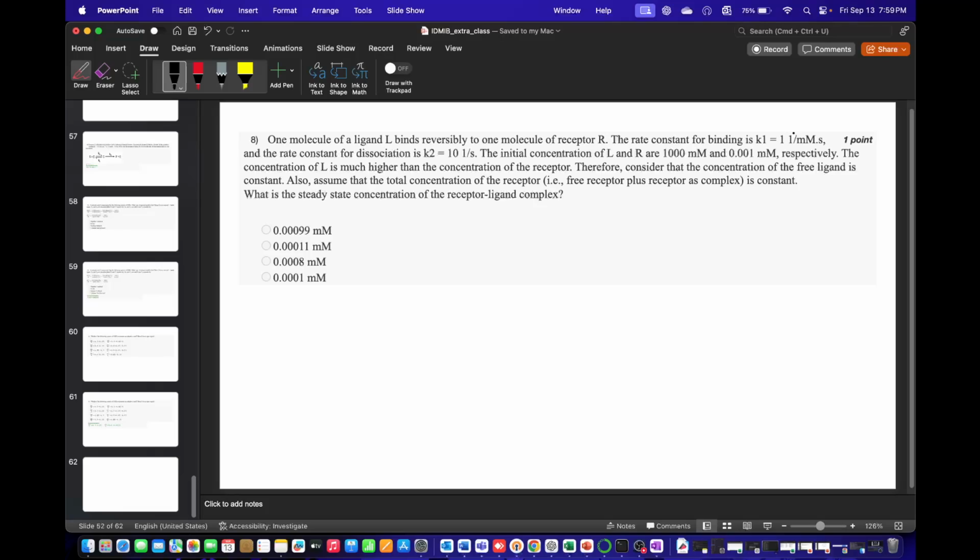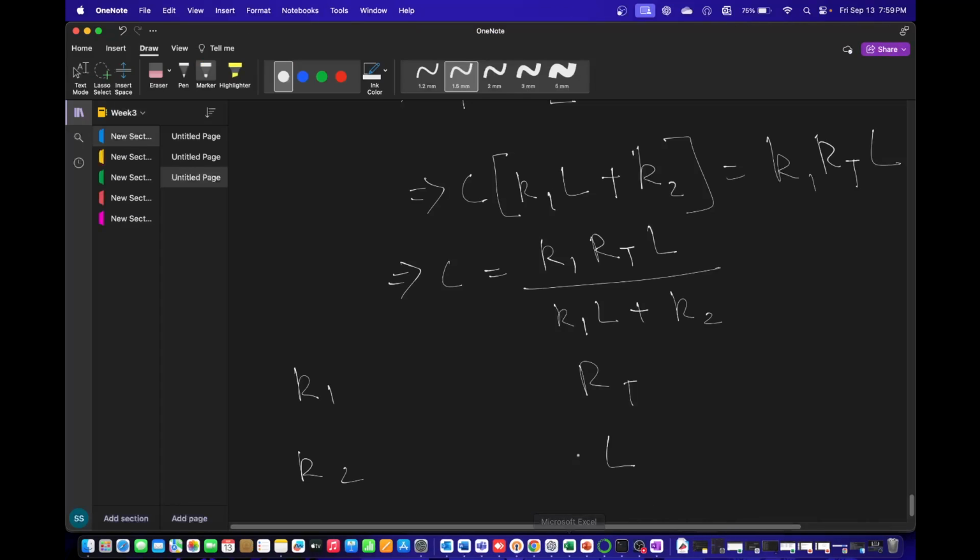I'm not sure if it is 1 or 1.1, but I think this is 1 only. This is 1 and this is 10. k1 is 1 and k2 is 10.